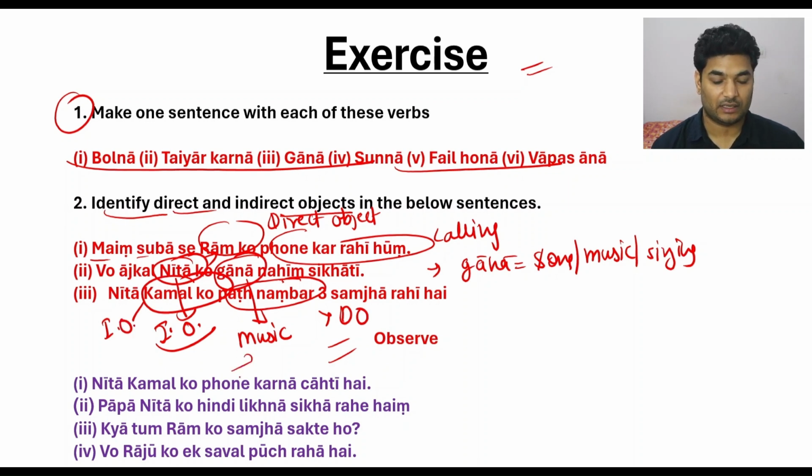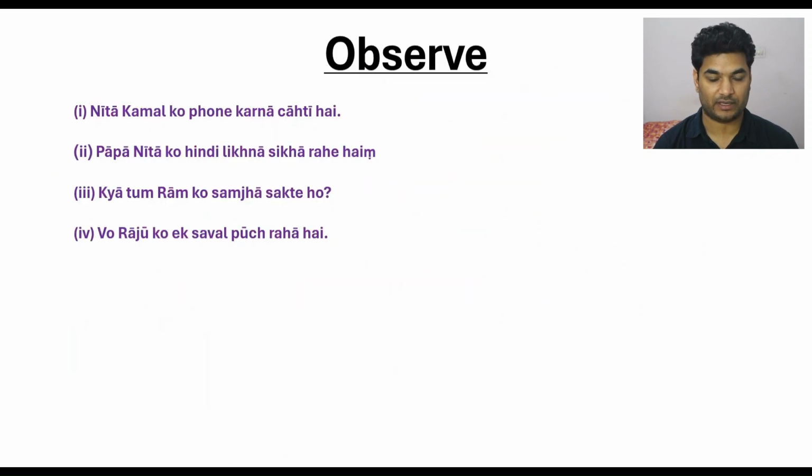Alright? Now, let's discuss the observe section. For that, I have put them separately here. Let's read these sentences. I will just read them, alright? नीता कमल को फ़ोन करना चाहती है. पापा नीता को हिंदी लिखना सिखा रहे हैं.